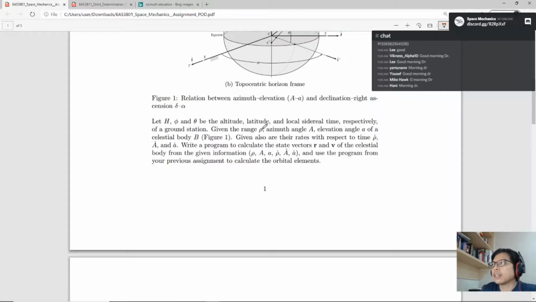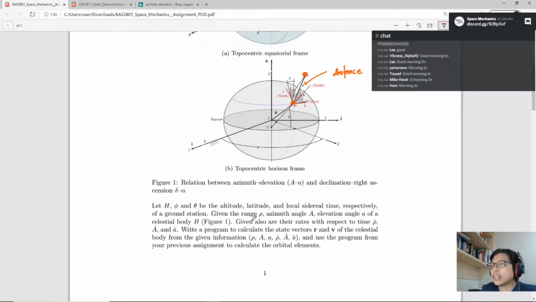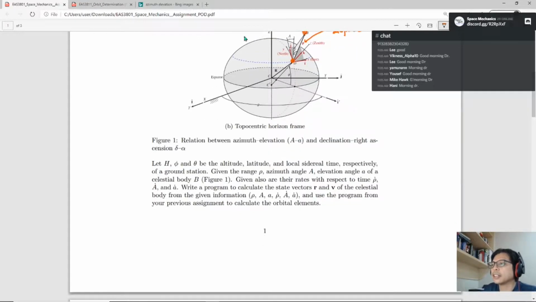So let's say you're given that rho, range, azimuth angle A, elevation angle a of a body B. Given also their rates with respect to time, so you know the distance rate, the rate of azimuth angle, how fast it's moving, and how fast the elevation angle is moving. Write a program to calculate the state vectors R and V of the celestial body from the given information.